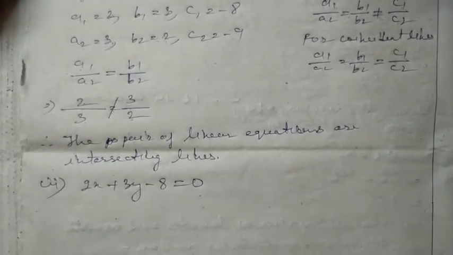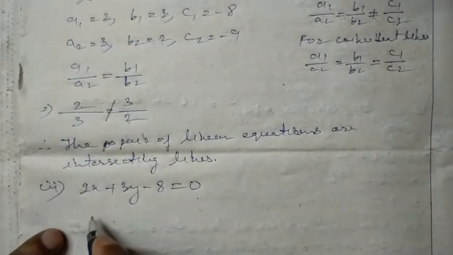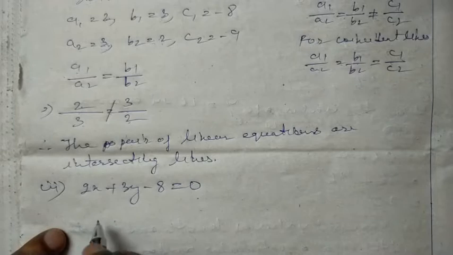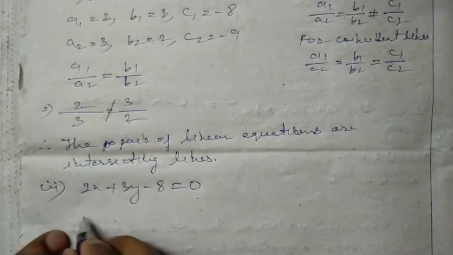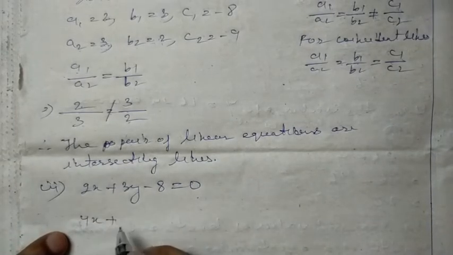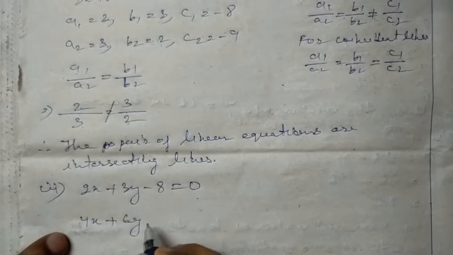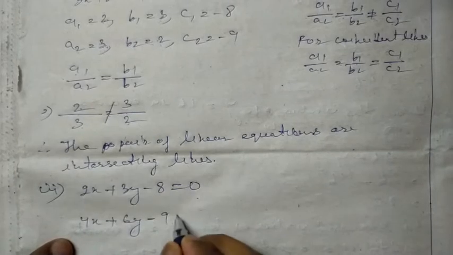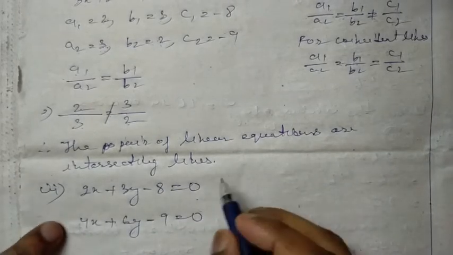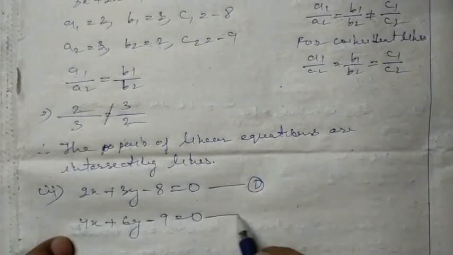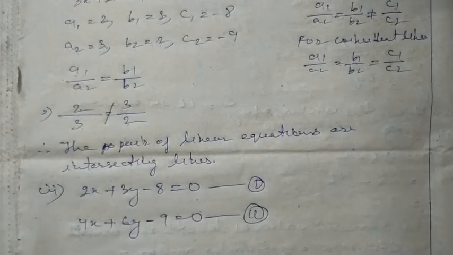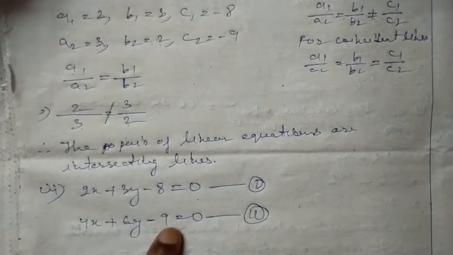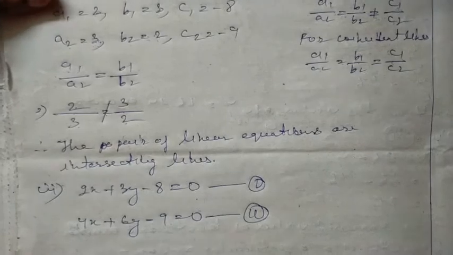So we can take the equation 4x + 6y - 9 = 0. This is our equation number 2. You can take any values, but the ratio should be the same.